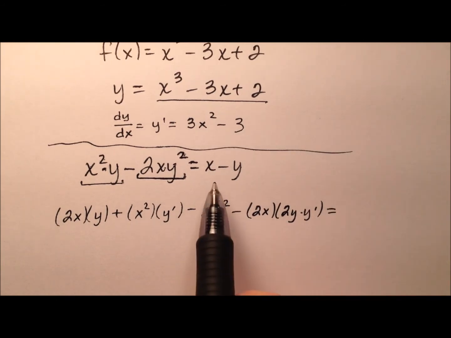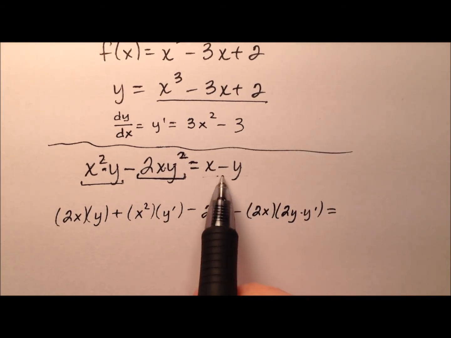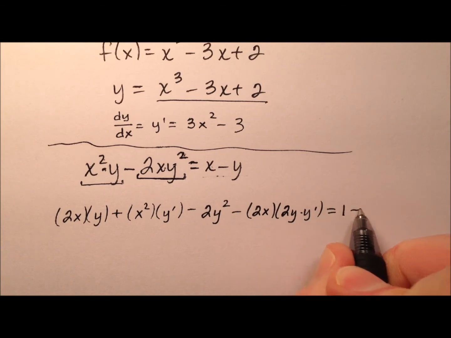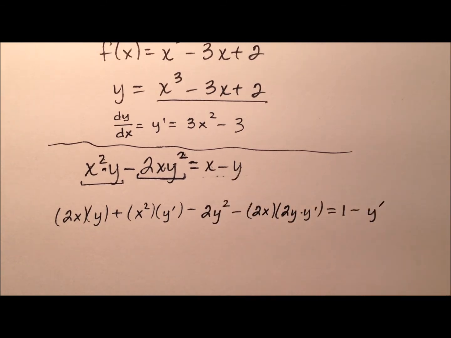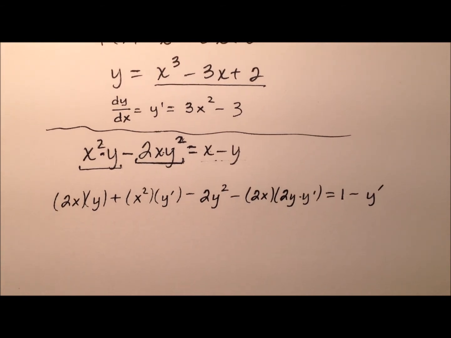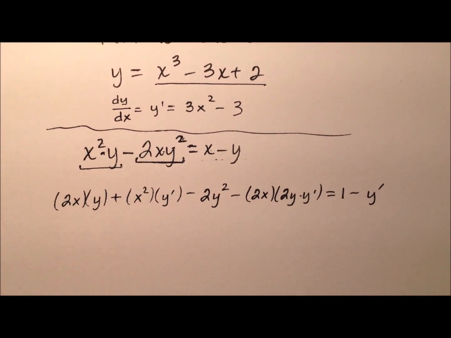All right, so that equals, and then this right side is much easier. The derivative of x is 1, and the derivative of y is 1, but we differentiated a y, so y prime. So our first step is to differentiate all these terms, and we're going to do so with respect to x. Okay, and we've done that.